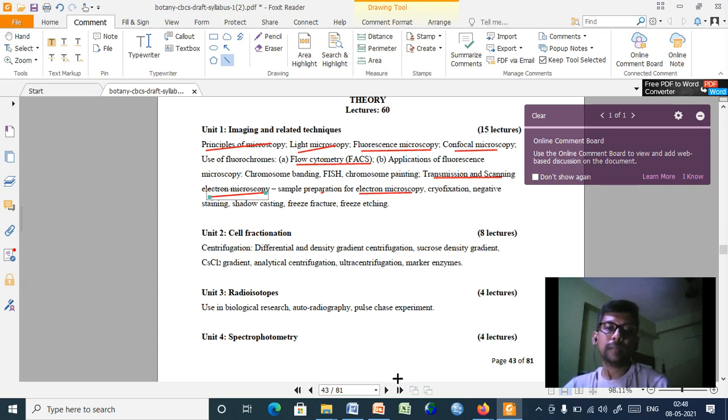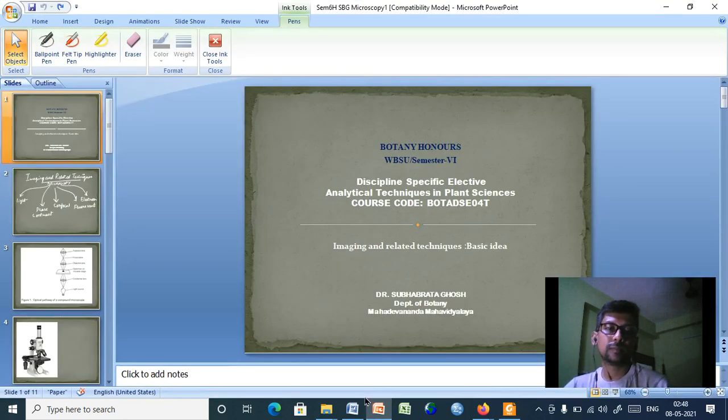So first, there are various types of microscope, and if you just want to consider what a microscope performs, it's actually a device which is used to magnify small objects.